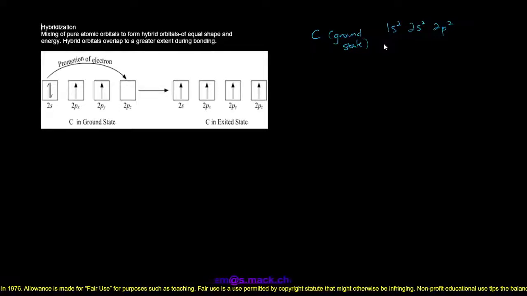How can we explain carbon's tetravalency? That is, its ability to form 4 single covalent bonds, its ability to form a triple bond, or even a double bond. We say that carbon, in its ground state, can exist in an excited state.